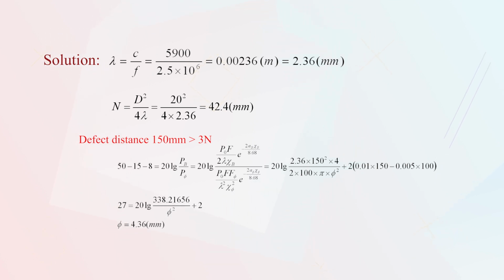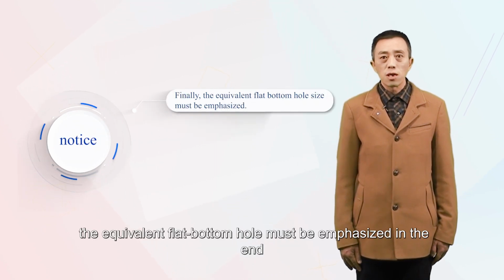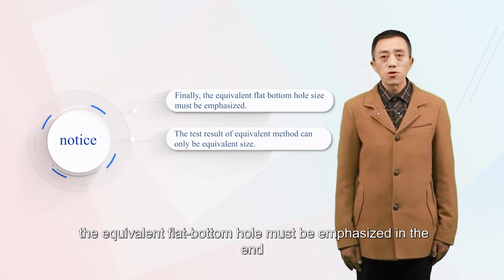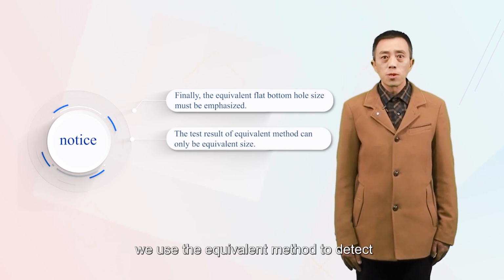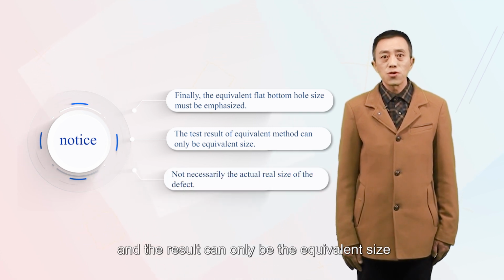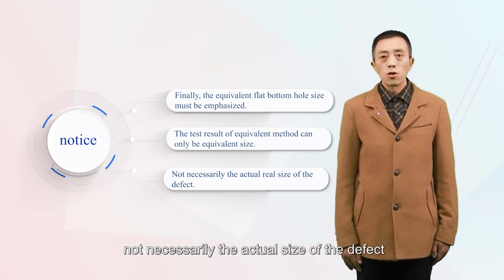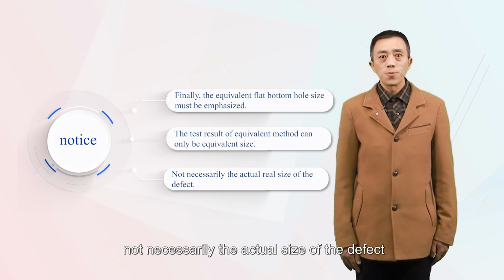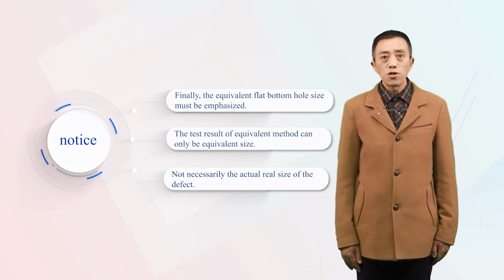It should be noted that the size of the equivalent flat bottom hole must be emphasized in the end. That is, we use the equivalent method to detect, and the result can only be the equivalent size, not necessarily the actual size of the defect, and they are different.